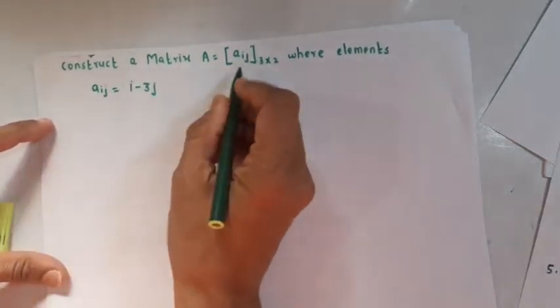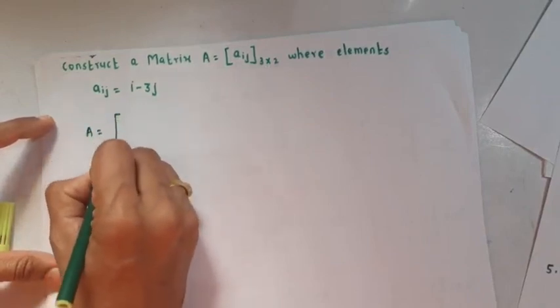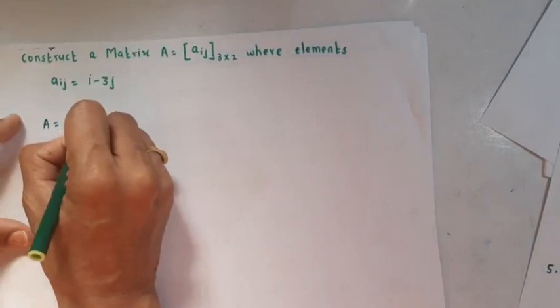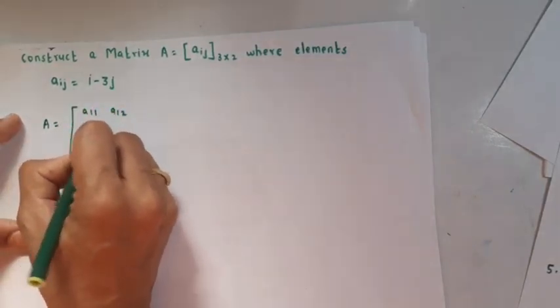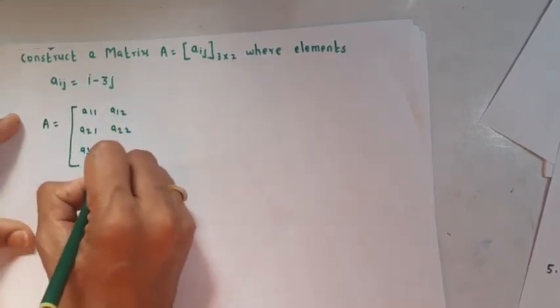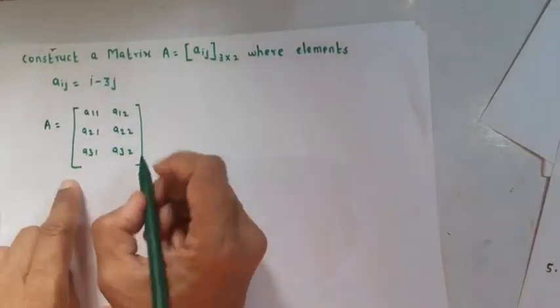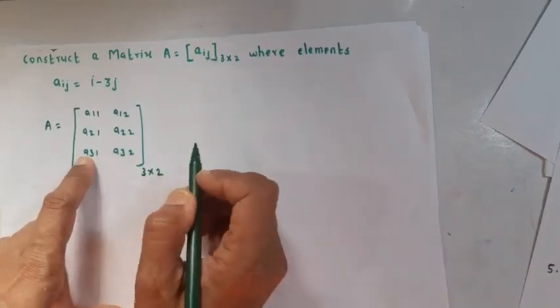So here matrix A is of order 3 by 2. 3 by 2 means A11, A12, A21, A22, A31, A32, in this way. There are 3 rows and 2 columns, order is 3 by 2.